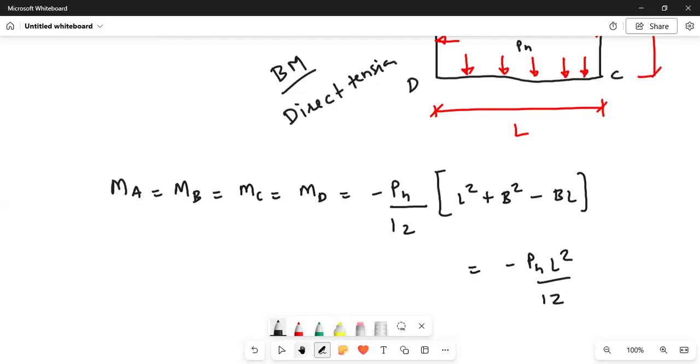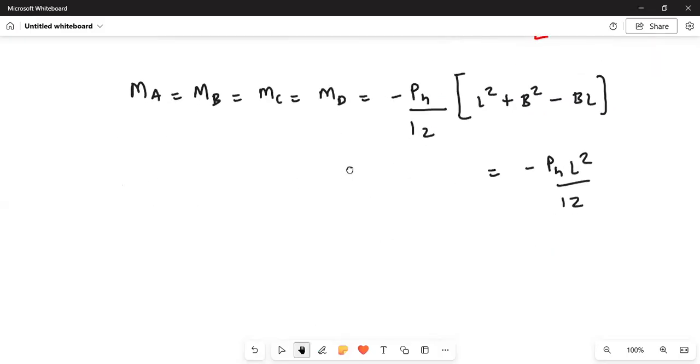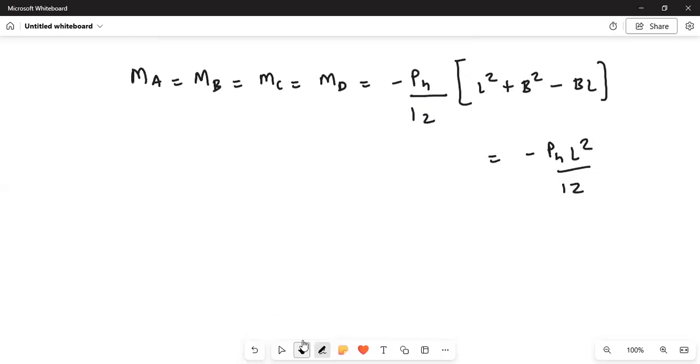Then we have the bending moment on AB and CD, the midspan bending moment, or you can say the positive bending moment. So the corner bending moments are negative bending moments, and the midspan bending moment is positive.